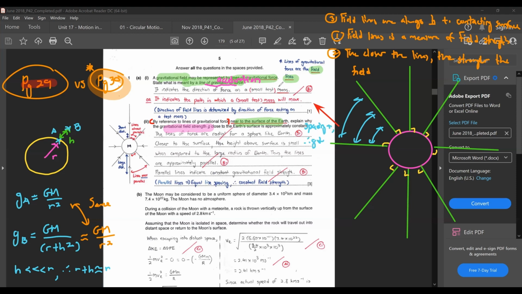But here the question is really just asking you one particular thing. Near the surface of the Earth, meaning to say you're really considering only a small change in height above the surface. Let's just say, for example, you are really considering just this small h when compared to the large radius of the Earth.